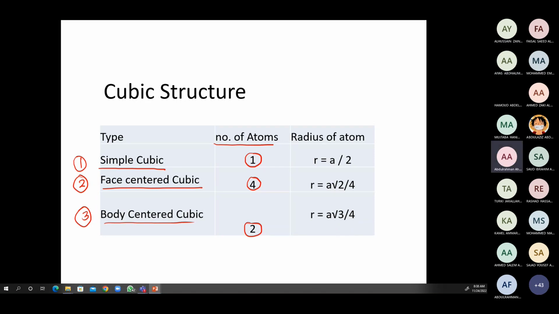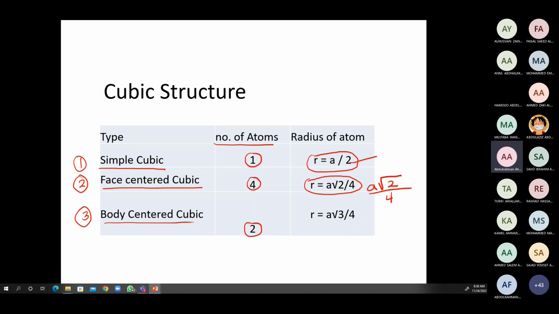The relation between R and A, which we just saw a while ago, we can rewrite it to make it like this. R equal to what? A over 2. What's R equal to here? A root 2 over 4. Exactly. A root 2 over 4.